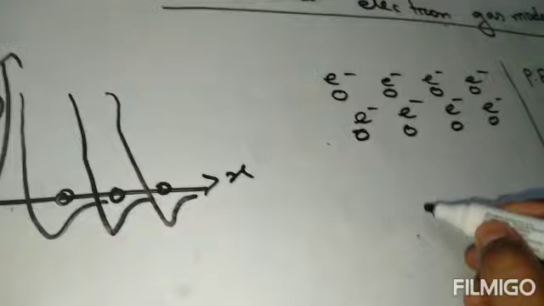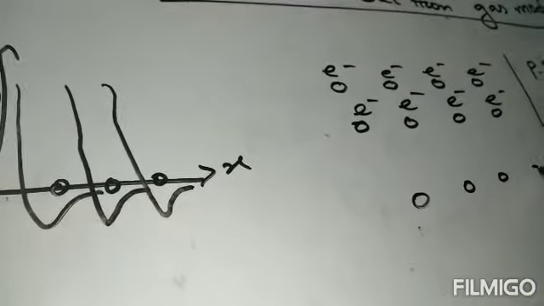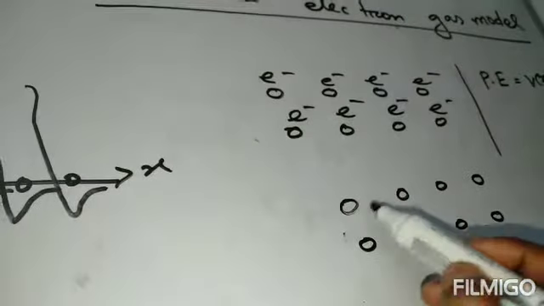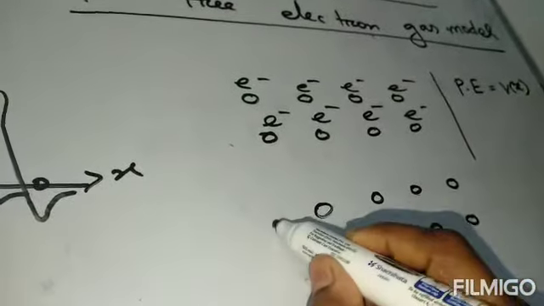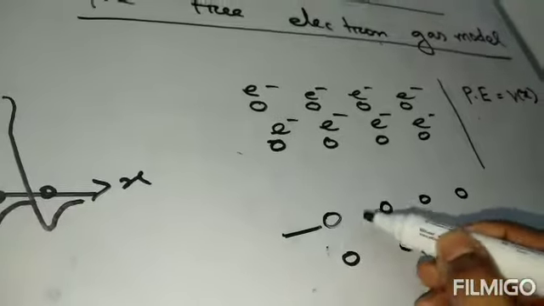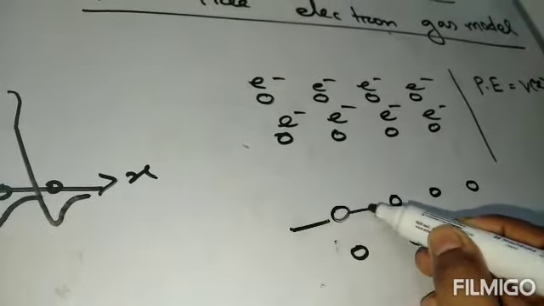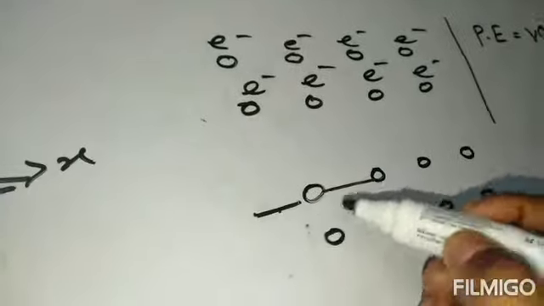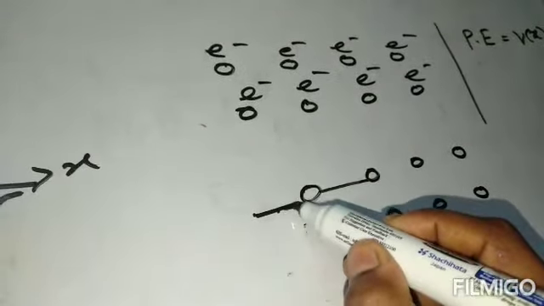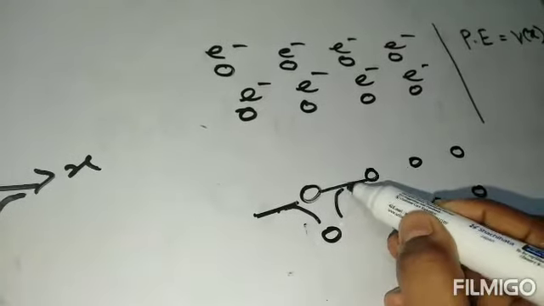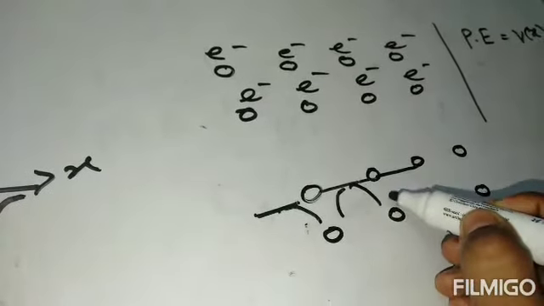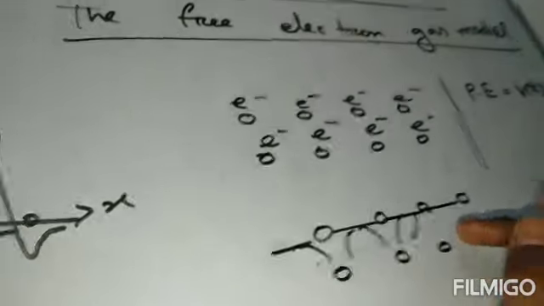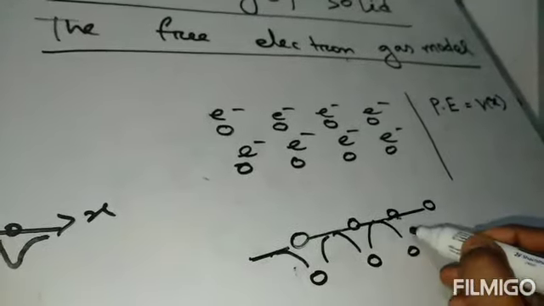Now if we consider only a one-dimensional lattice, the potential is like this.